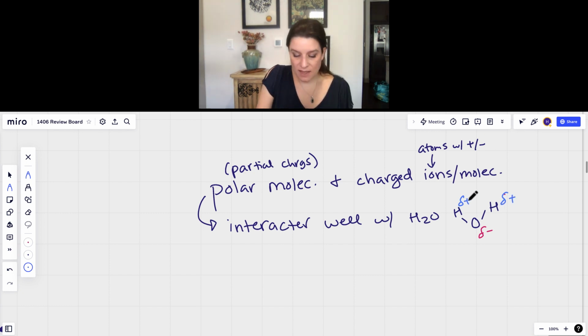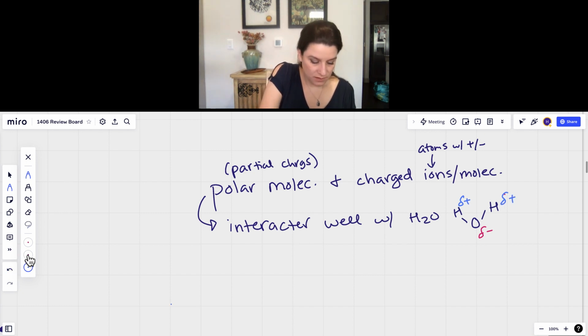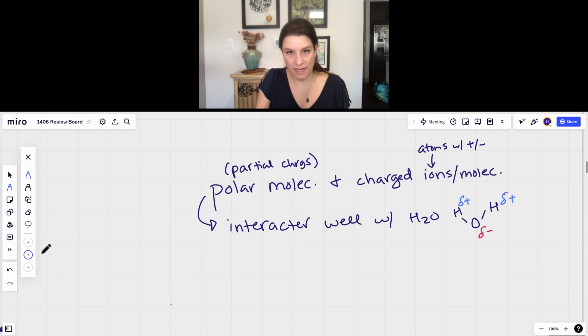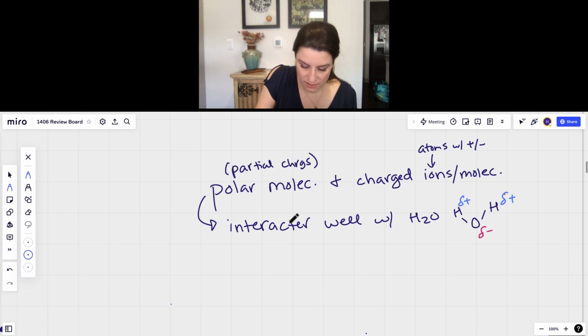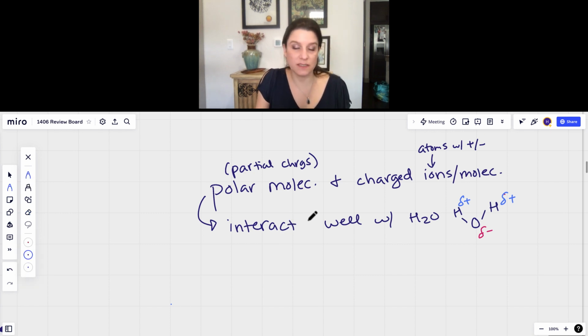So that means anything else that has partial positives, partial negatives, or positives, negatives is going to interact well with it. It is going to stick to water.